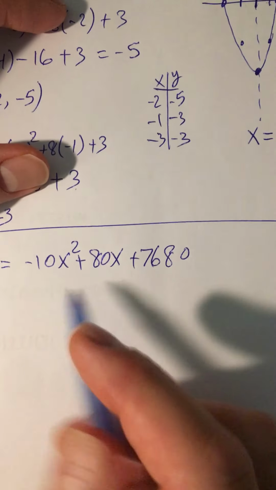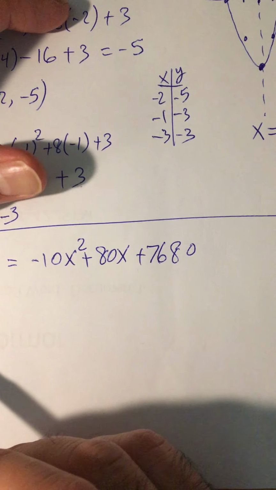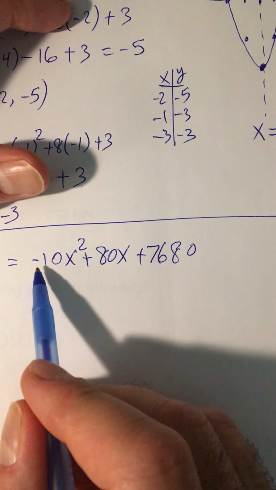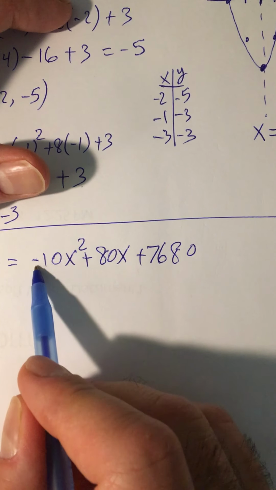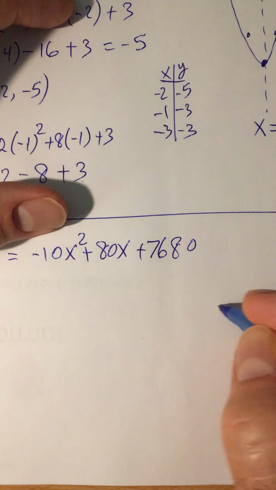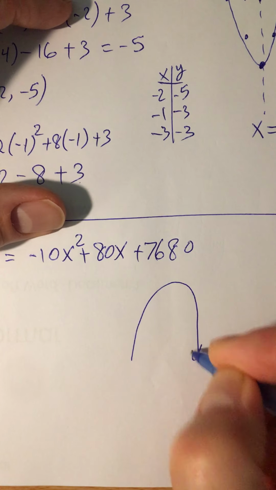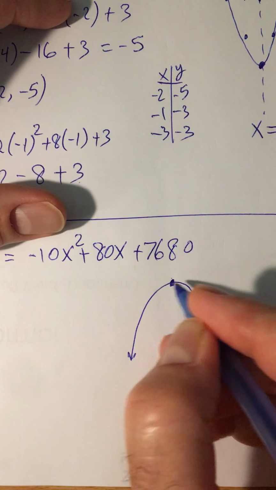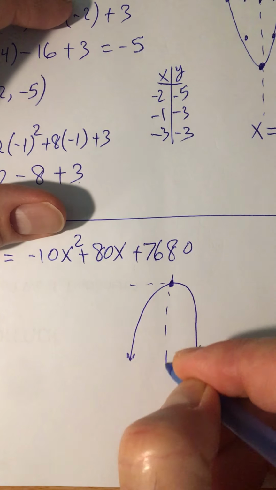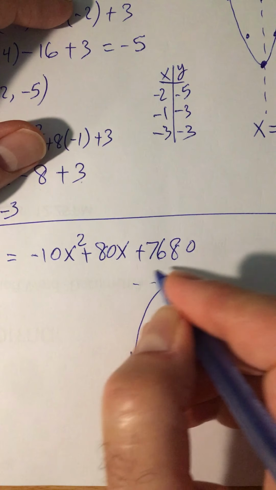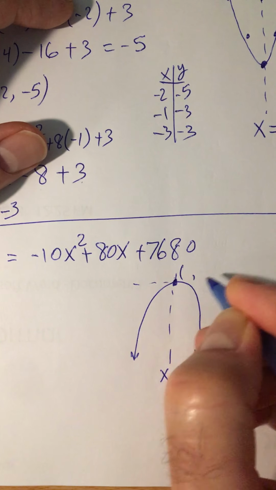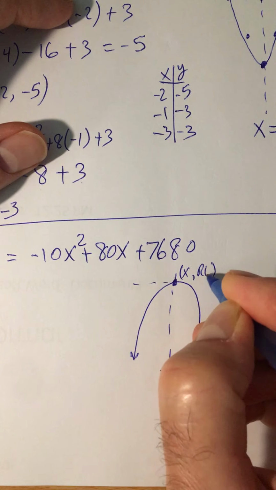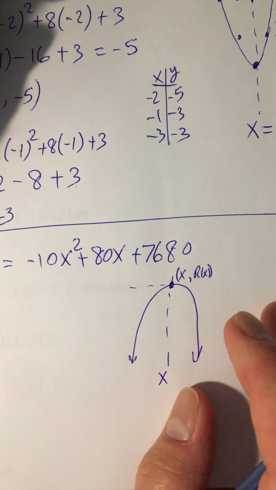Maximum possible revenue. So is this parabola opening down or up? It's opening down because this is negative. So we know it's going to be something like this, right? The vertex gives the maximum revenue, and this is the number of times, x. So basically the coordinates will be x, R of x.